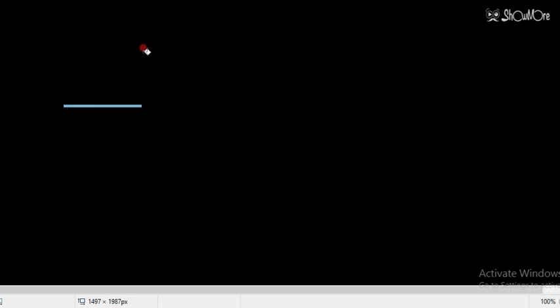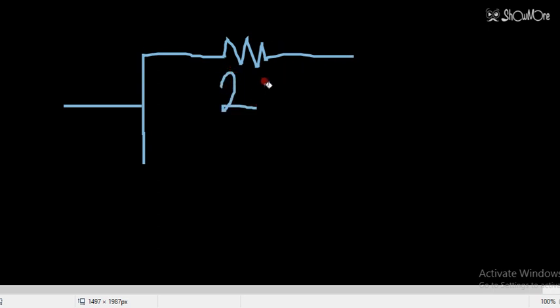The above two are in series and their value was 10, so 10 will be simply added and I get a single resistance here of 10 plus 10, that is 20 ohm.